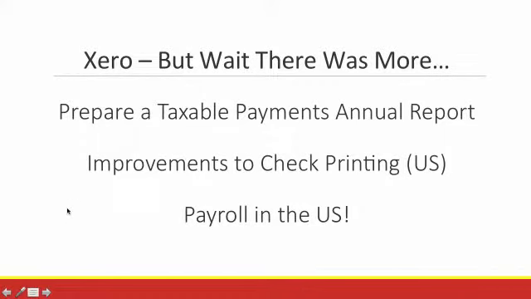All right, but wait, Xero still had more. They had the ability to prepare a taxable payments annual report previously, but they've improved on that. I haven't actually gone into too much detail on it because it's just not something I have to do that much.